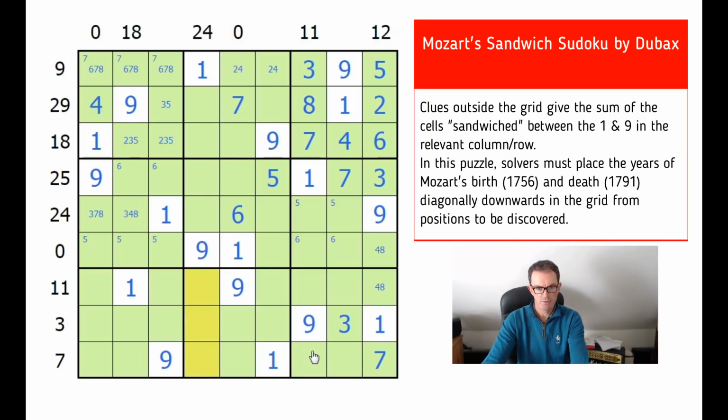These add up to 11, so there must be a 2 in one of these positions. It's either 2, 4, 5 or 2, 3, 6. I know the 6 in this block is either in this square or in this square.